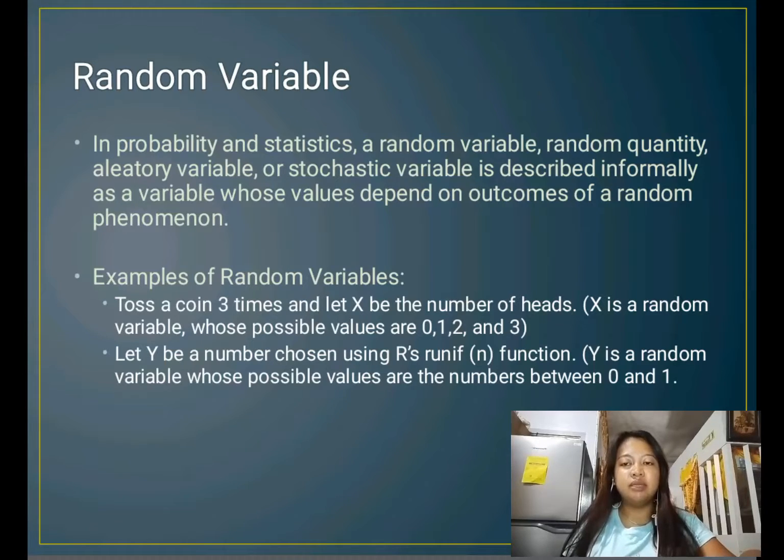And the other example is let Y be a number chosen using our RUNF function. Y is the random variable whose possible values are the numbers between 0 and 1.